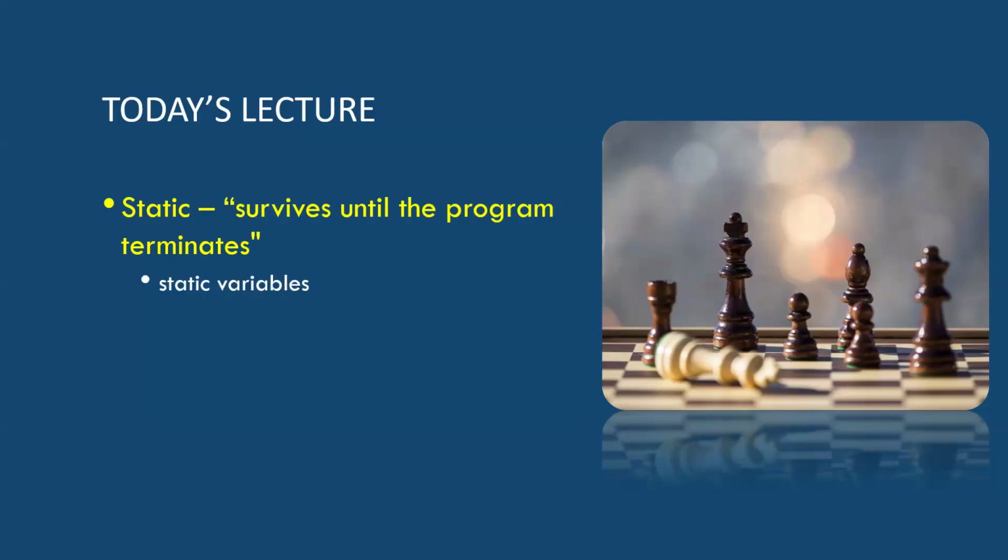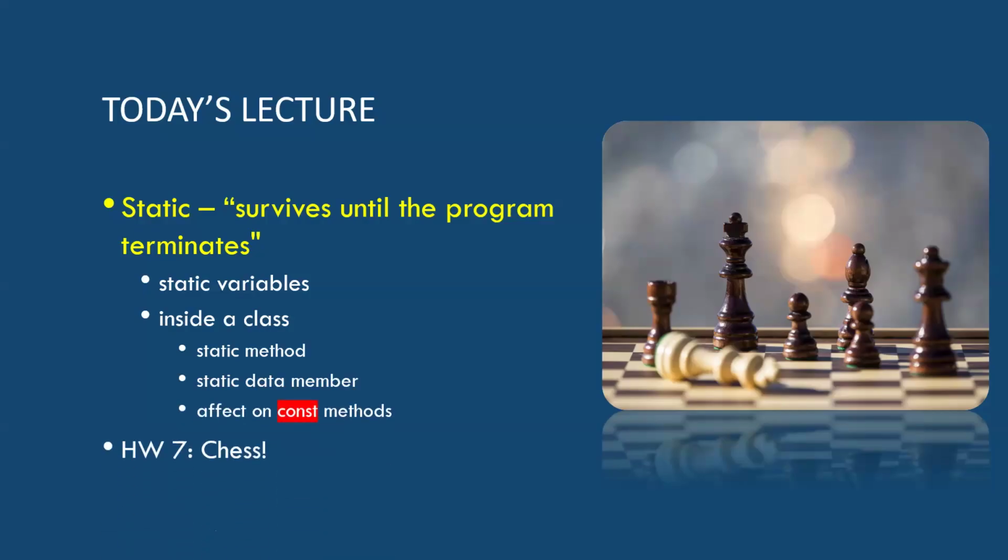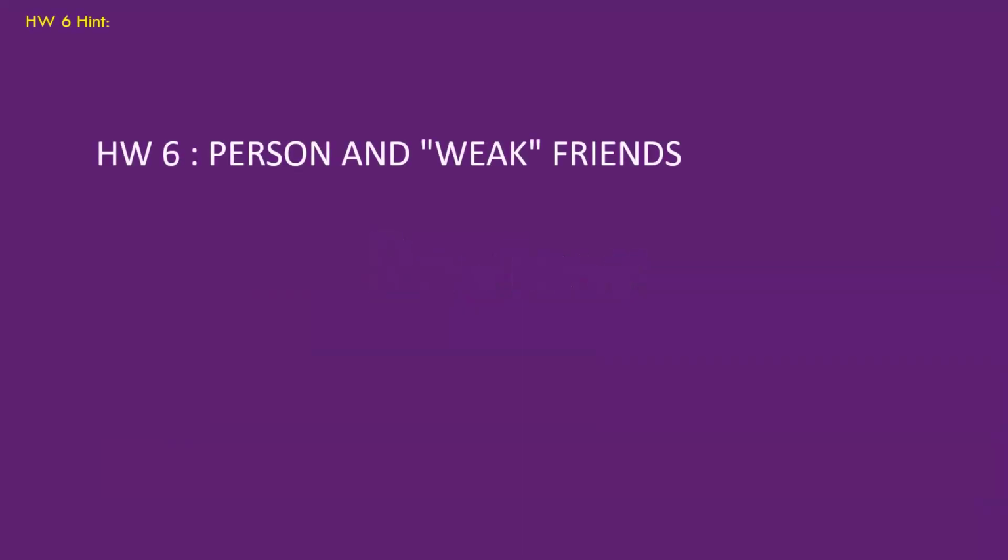Basically, static variables are things that stick around for a really long time, usually until the program terminates, or if they're inside of a class, they stick around as long as the class sticks around, which usually is going to be as long as the program is around. So we'll look at all these different ways we can use this special qualifier and its effect on the different kinds of things that we've used before. And then we'll just dive into our chess. So not a really huge lecture. Maybe some key things to remember.